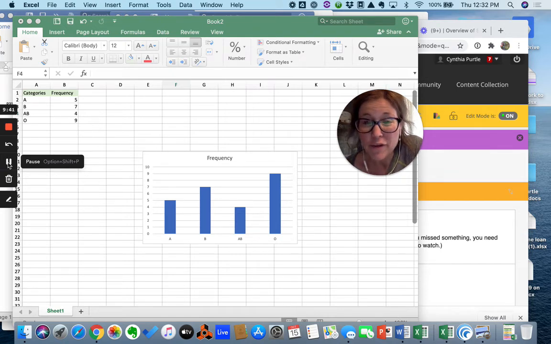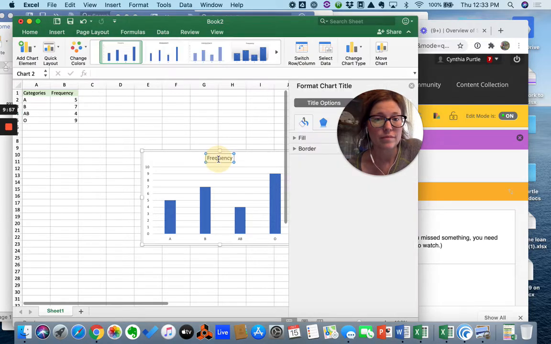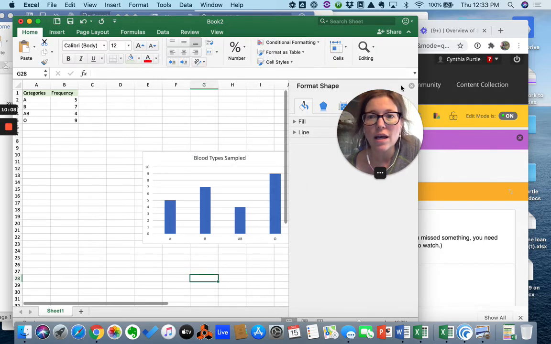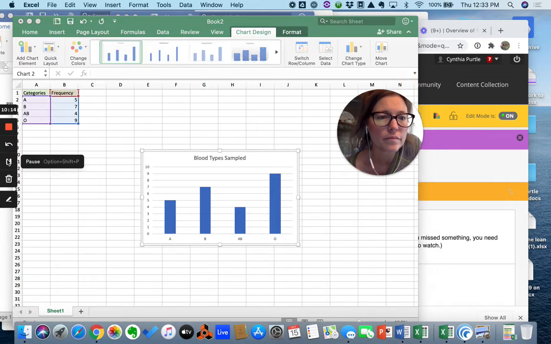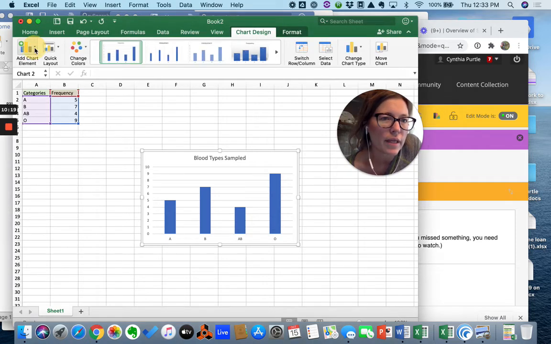Okay, I'd like to point out that if you're making a graph by hand or using technology, please make sure that you are labeling everything. For example, blood types sampled, or like, that's what that is. Okay, I'm in the chart design tab here. Add chart element.